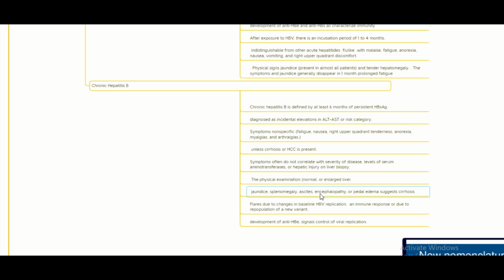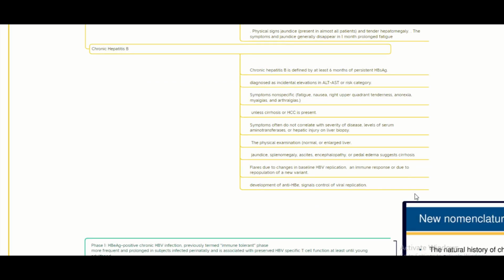So the flares are usually due to changes in baseline hepatitis B virus replication, an immune response that has started again, or repopulation with a new variant. These three mechanisms will give us the flares. Usually, and more likely, it's the changes in baseline HBV replication.